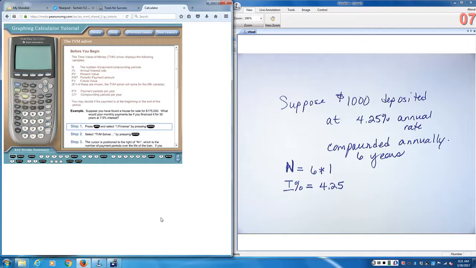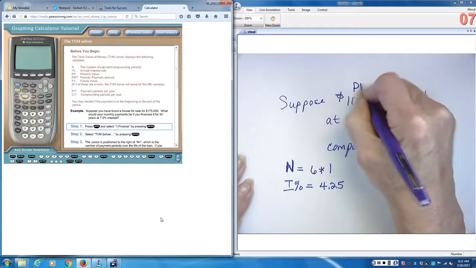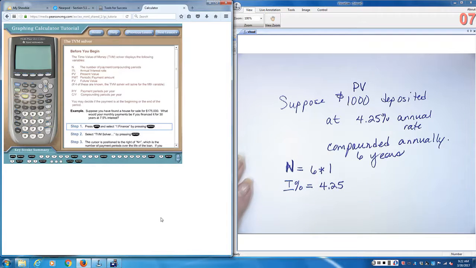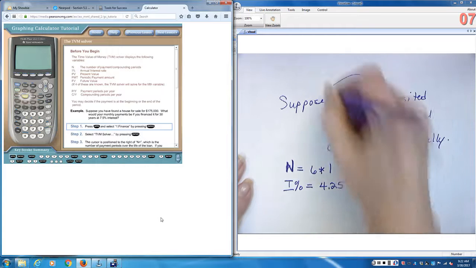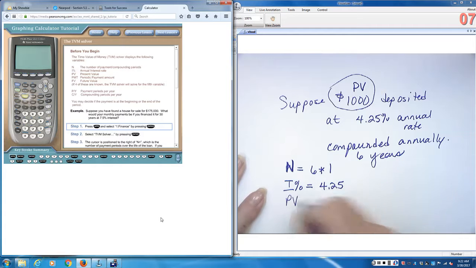And then the present value is how much you initially deposit. And then if you're going to make periodic payments into the account, then that's going to be PMT.